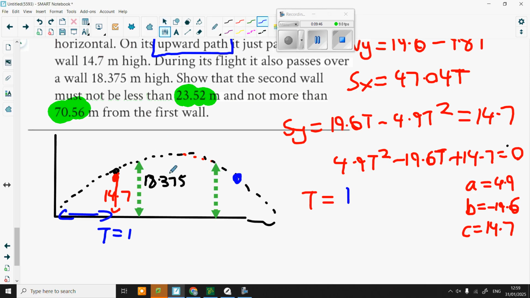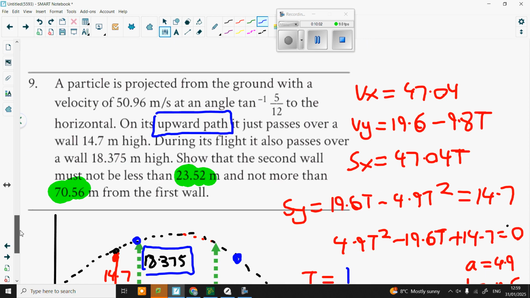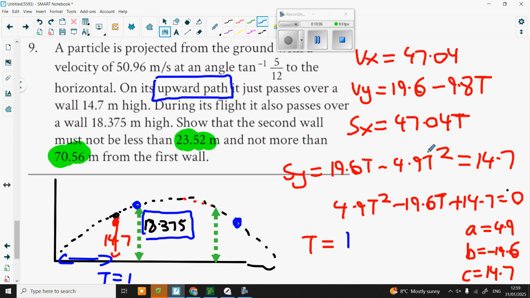I'll try and do the same thing. Does everybody see it? We're going to do the same thing for 18.375. However, this time, we're actually recognizing both times. Why am I recognizing both times? Because I'm concerned with it on the way up and the way down. So here's what we're going to do. We're going to reuse what we did earlier.